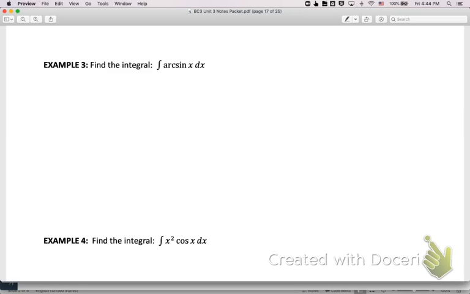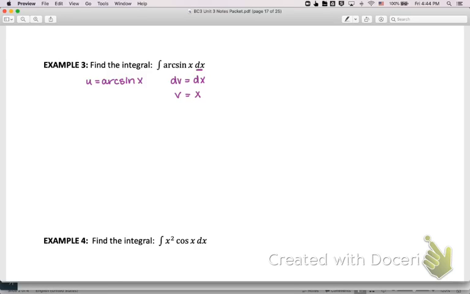But then that begs the question, what's left to choose for dv? Well, we have dx left. So if we let dv equal dx, then that means v is equal to x.